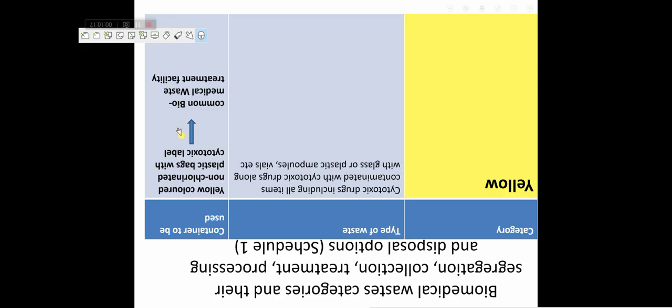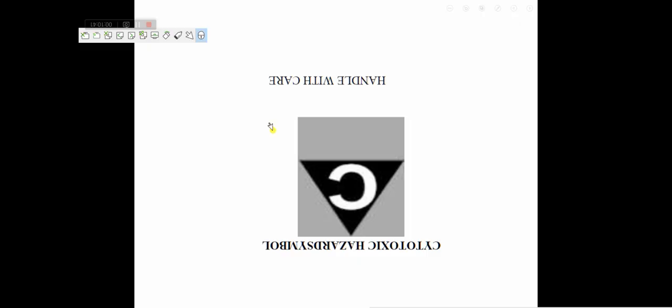It is not that you put this waste in the same bag where you have put the anatomical waste of animals or humans, right? So for that you will have a separate bag, which is non-chlorinated, but it is labeled with cytotoxic, right?